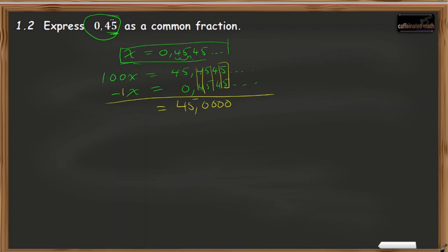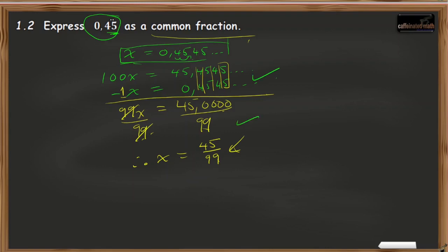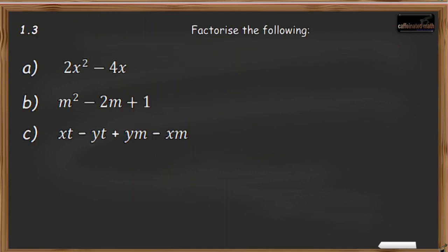Well, 100x minus x is just 99x, and then to resolve this, we know we have to divide both sides by 99. Therefore, x is equal to 45 over 99, and that makes it a common fraction as required. As for our mark allocation, doing our setup, our simplification, and our final answer gives you the full 3 marks.